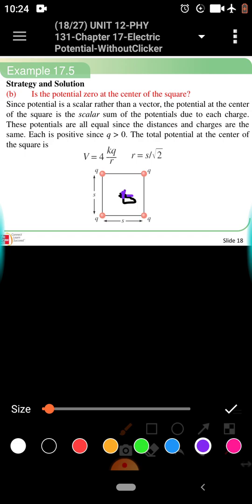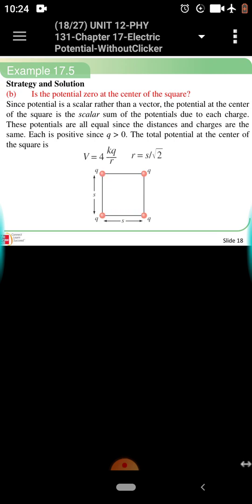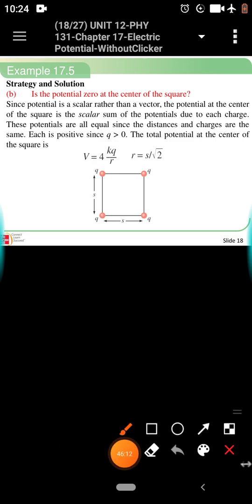Since we're given this part, we need to calculate these r's. This distance, how do we find this distance? Let's calculate each r, from here to here.